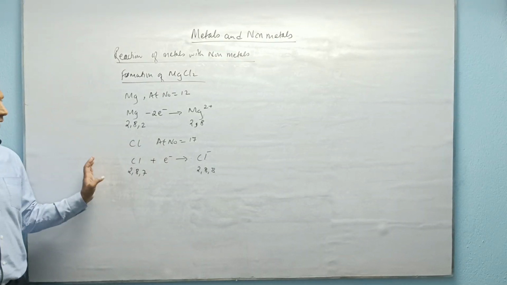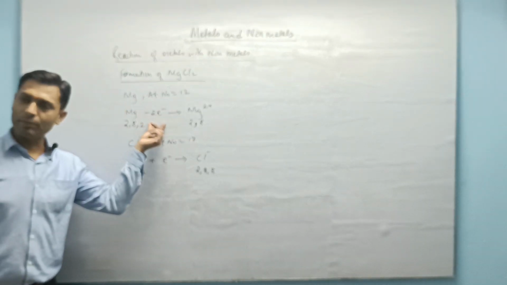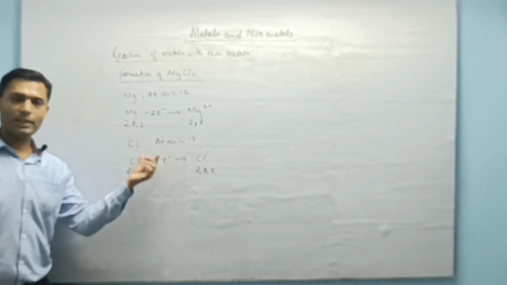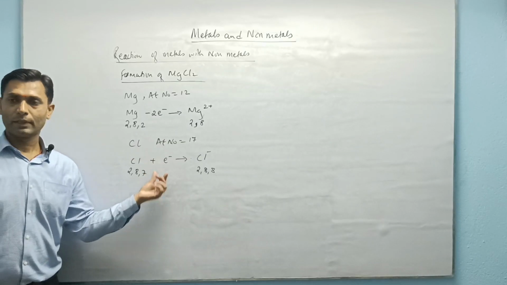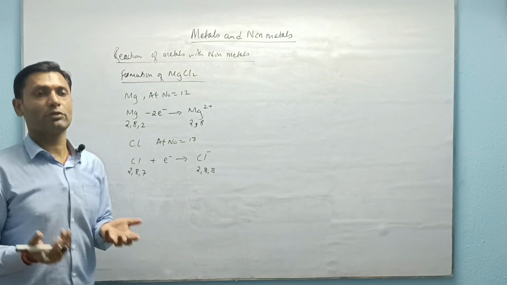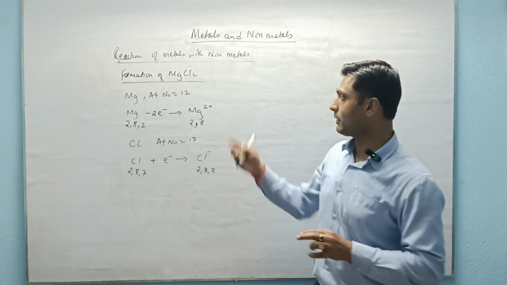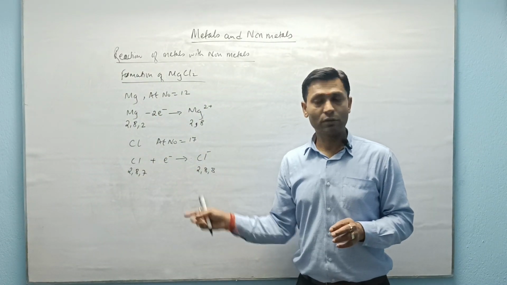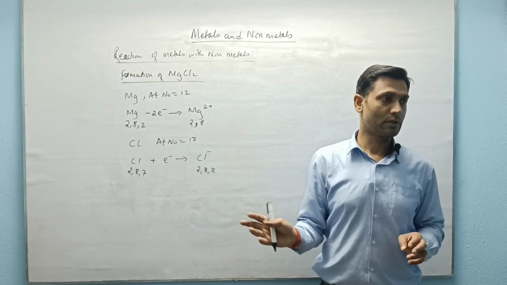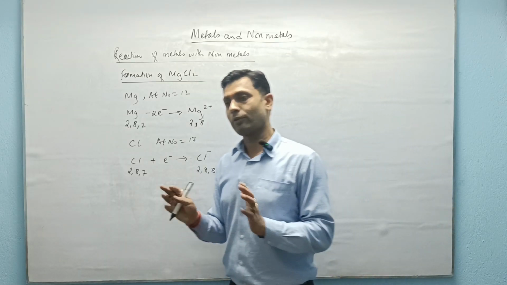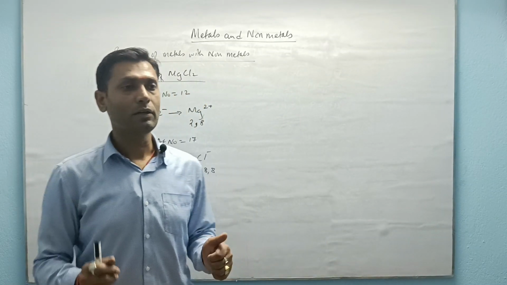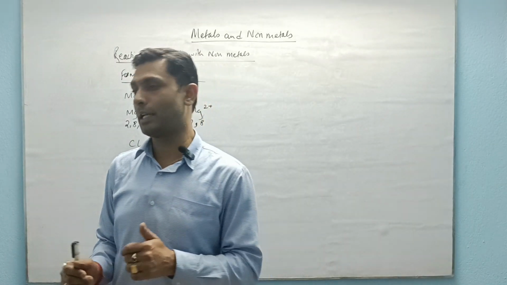The question here is, magnesium is losing how many electrons? 2. But chlorine is gaining how many? 1. Now, where will one more electron of magnesium go? Because magnesium is losing 2 electrons, chlorine has to gain 2 electrons. But chlorine can gain only 1 electron.